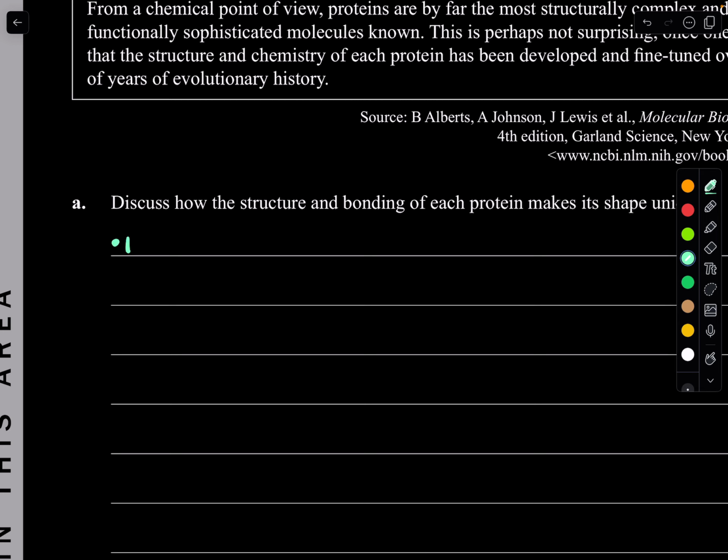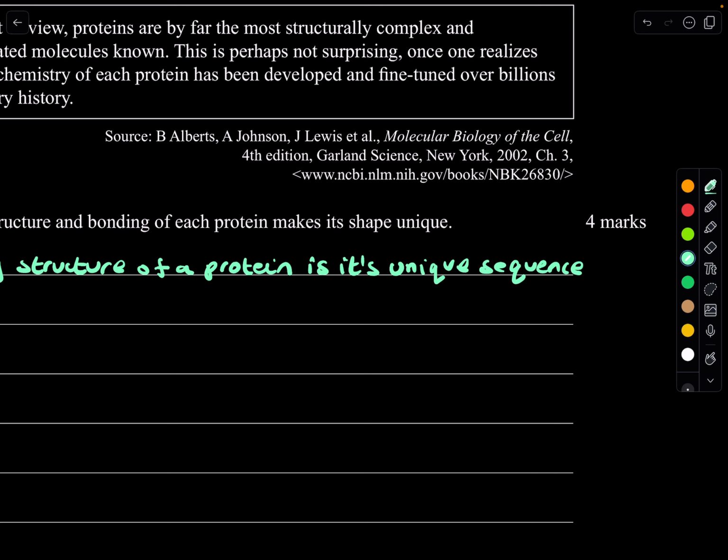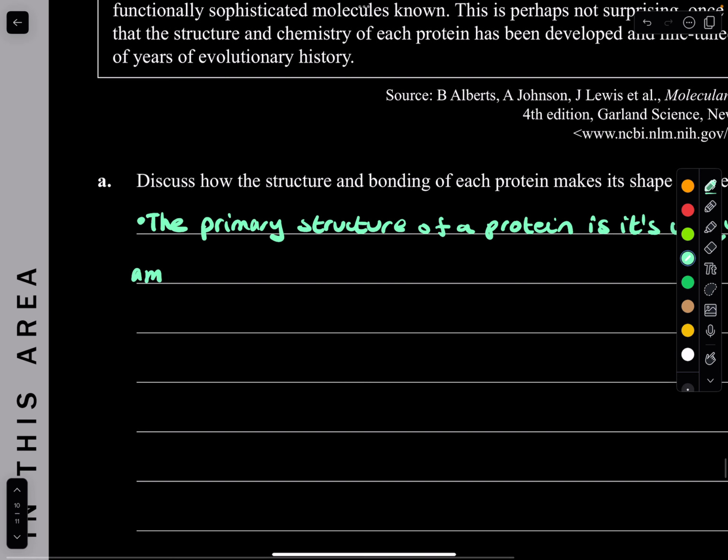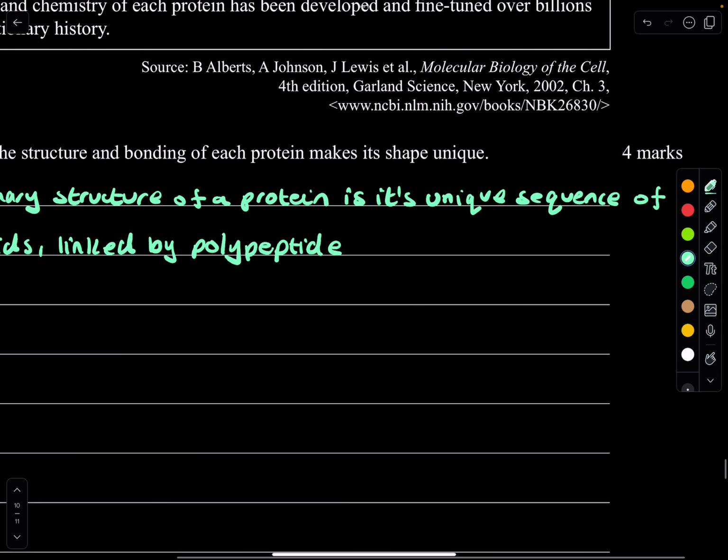So the primary structure of a protein is a unique sequence of amino acids, which are all linked by polypeptide linkages.